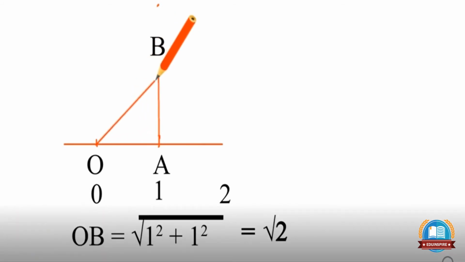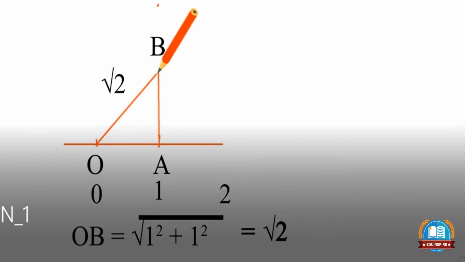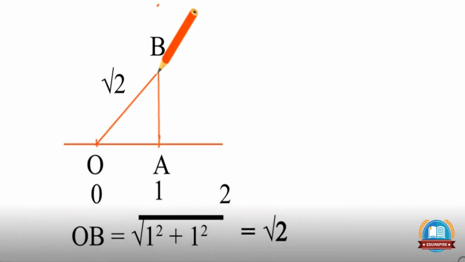Then join point O and B. So we can see OAB becomes a right angle triangle.